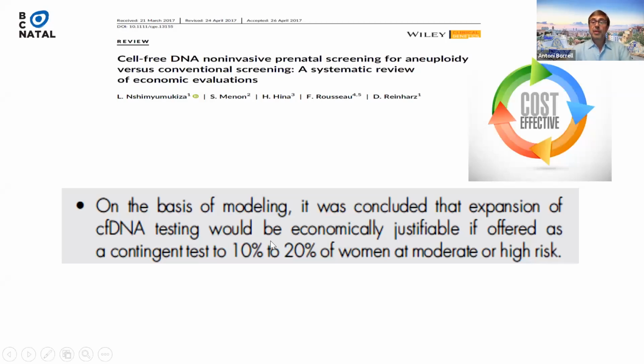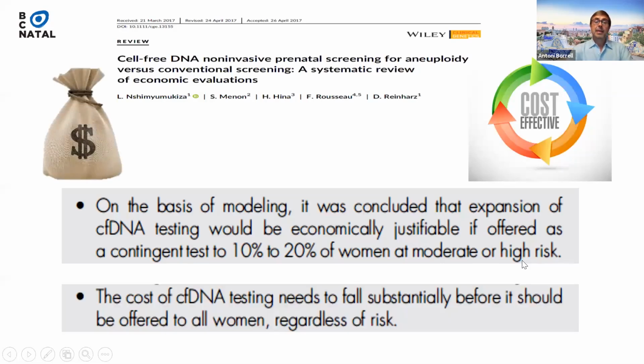On the basis of modeling, it was concluded that expansion of cell-free DNA testing would be economically justifiable if offered as a contingent test to 10 to 20% of women at moderate or high risk. And the cost of cell-free DNA testing needs to fall substantially before it should be offered to all women, regardless of risk. This is the situation of poor-resource countries.